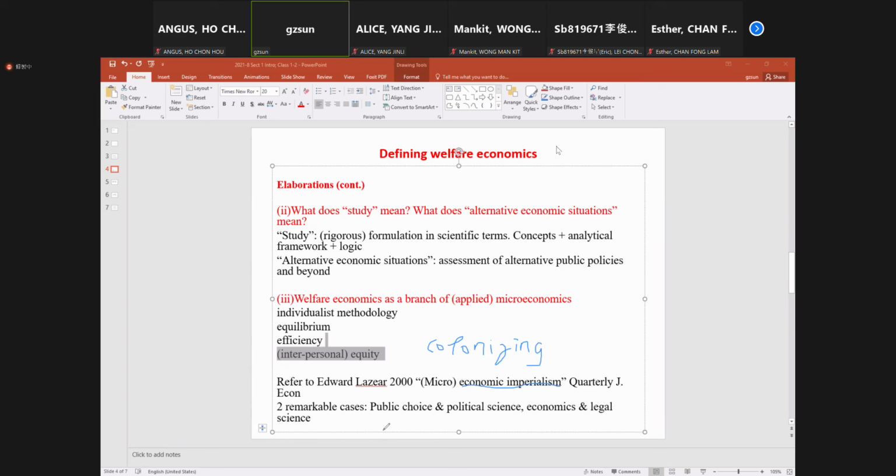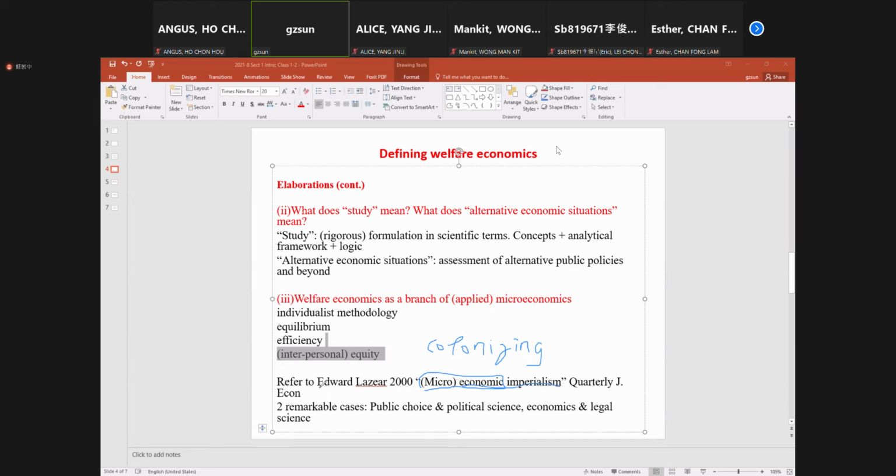And why is economics so powerful? Mainly because of this part, microeconomics. So the so-called economic imperialism is basically microeconomics, has nothing to do with macro, MAC, only to do with MIC.